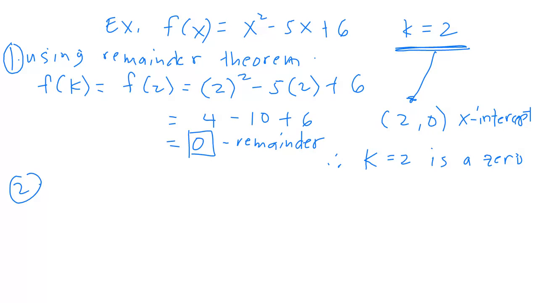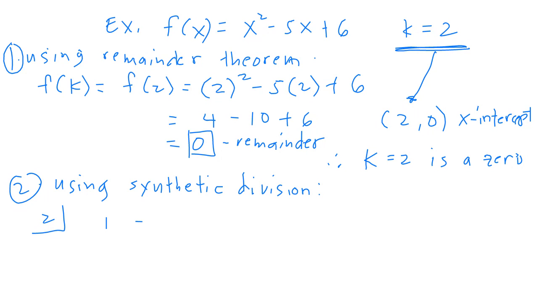The second method is we can actually use synthetic division to find the remainder. So our k is 2, put it in a small box, and we're getting the numbers beside the terms here. So 1, then -5, and then 6.